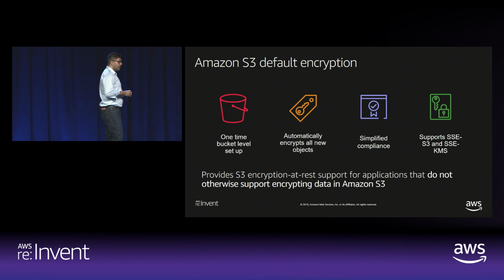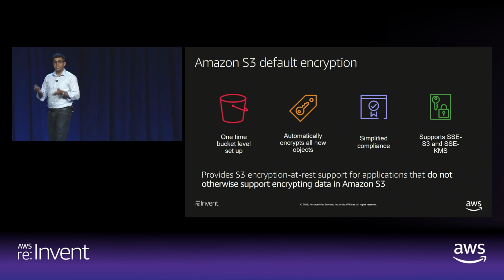Keep in mind, if you have SSE-S3 defined as your default mode, and your application has the encryption header to encrypt the object with KMS, then we will honor that request. Even though your default encryption says SSE-S3, since your application has asked us to use SSE-KMS, that object will be encrypted with SSE-KMS mode.